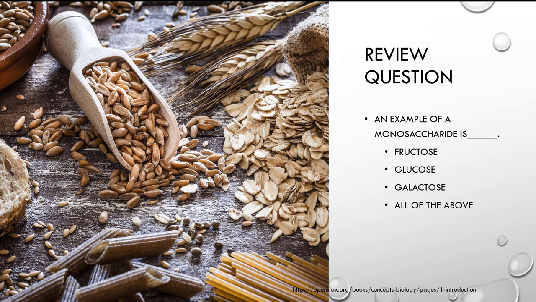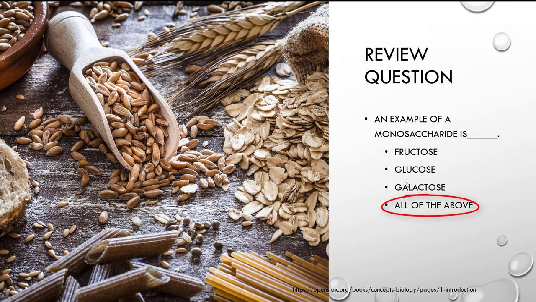An example of a monosaccharide is A, fructose, B, glucose, C, galactose, or D, all of the above. If you chose all of the above, I would agree with you. So all 3 of these are examples of monosaccharides.